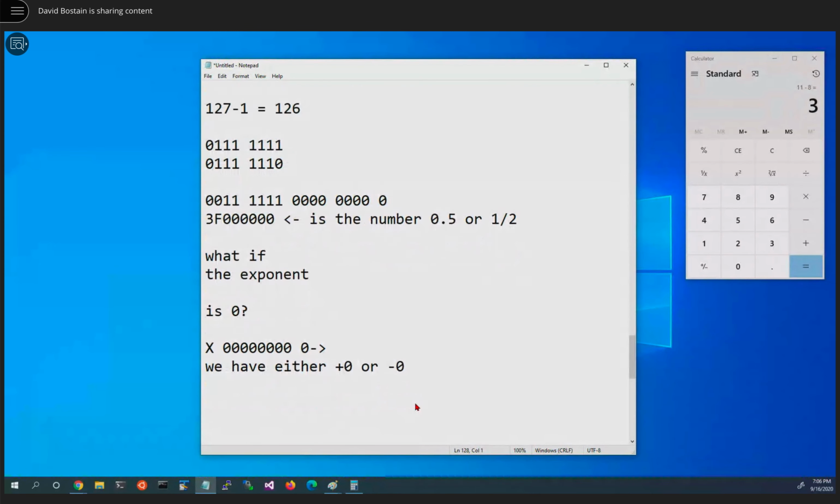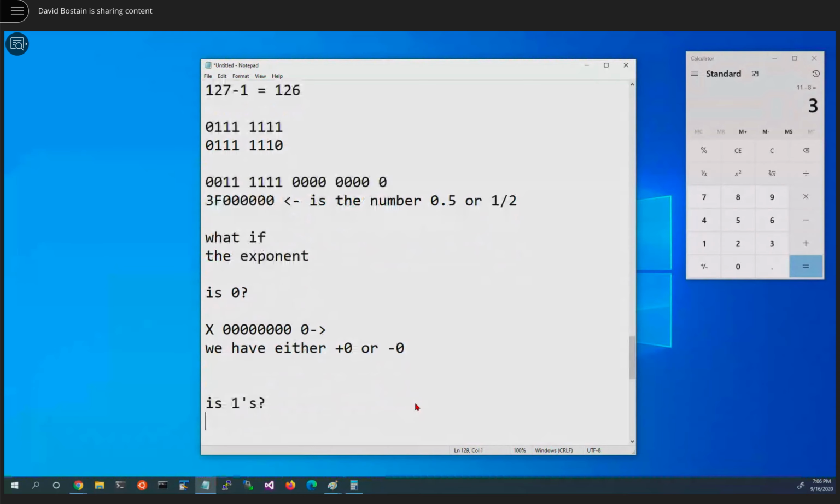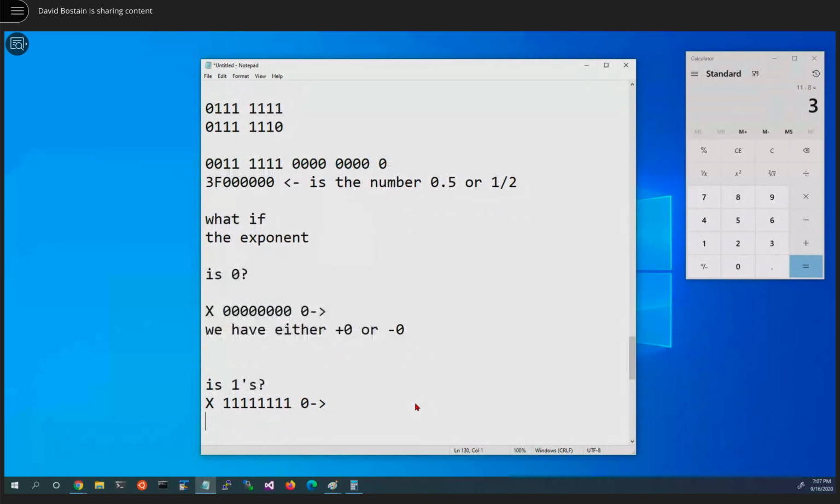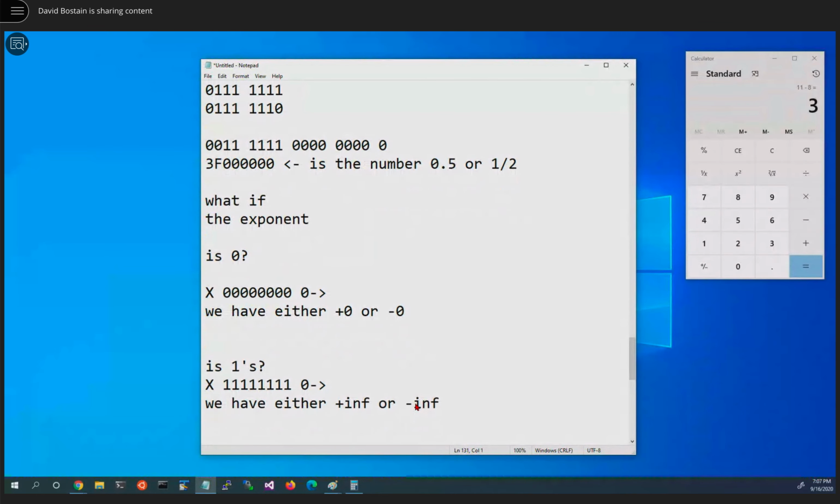Now, what if the exponent is all 1s? We don't care what the sign bit is, but we have all 1s. Well, if the mantissa is all zeros, we have either plus infinity or negative infinity. Now, clearly, they are different numbers, depending on the sign bit.